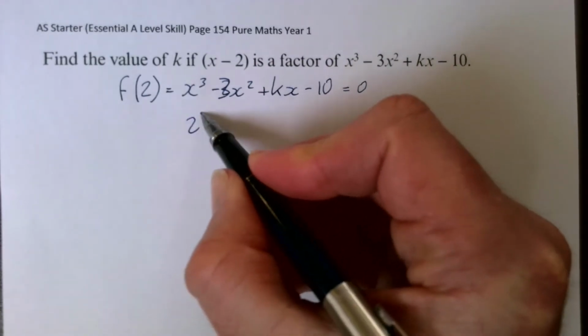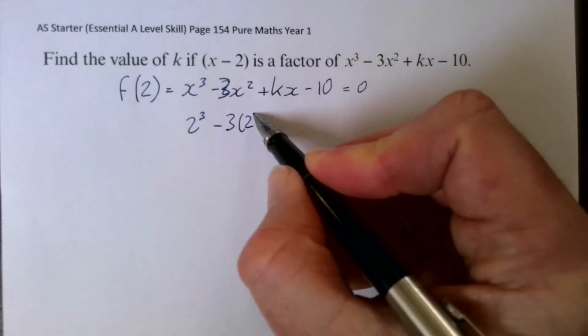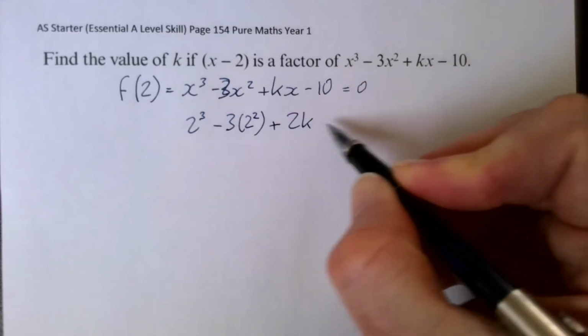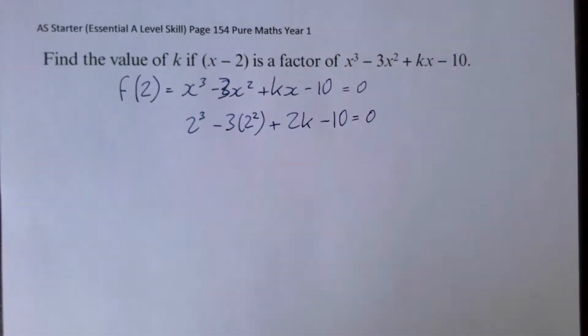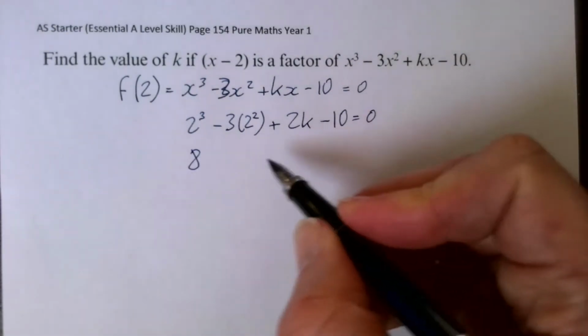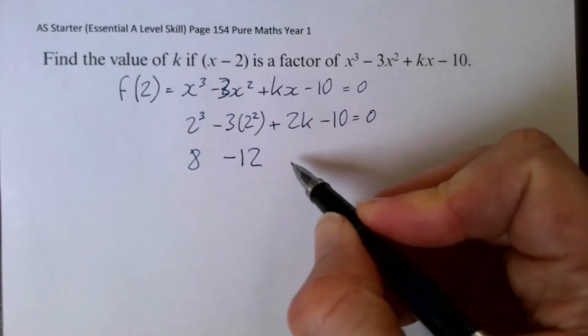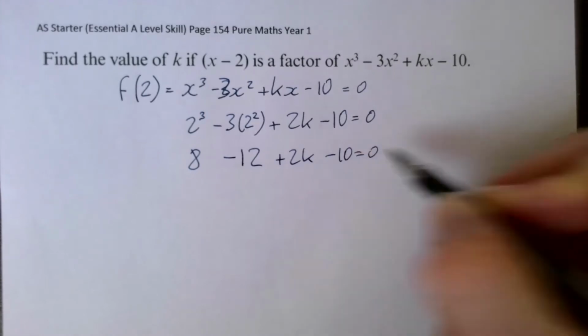So we've got 2 cubed, take 3 times 2 squared, plus 2k, take 10, being 0. So that's giving us 8, isn't it? 4 times 3 is 12, so take 12, plus 2k, take 10 equals 0.